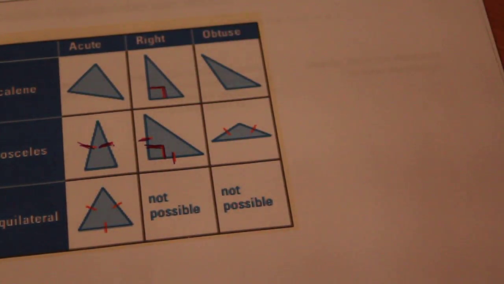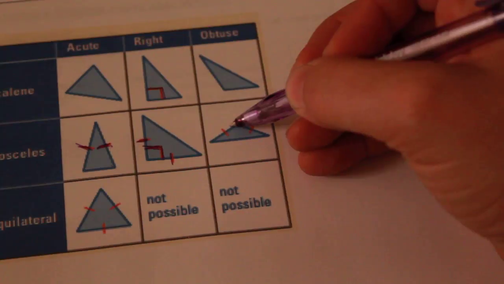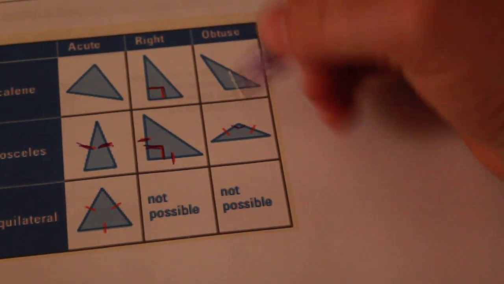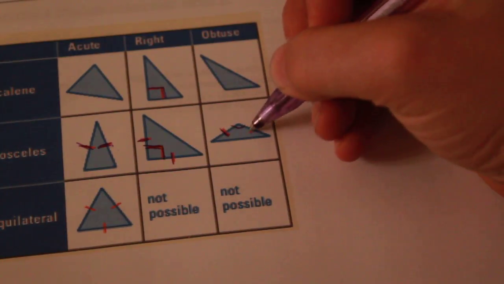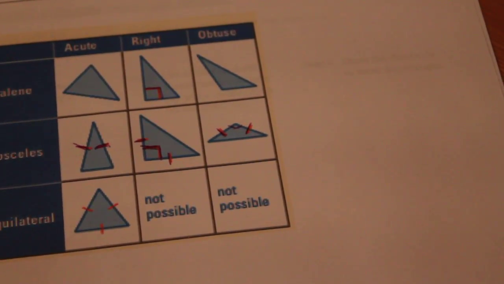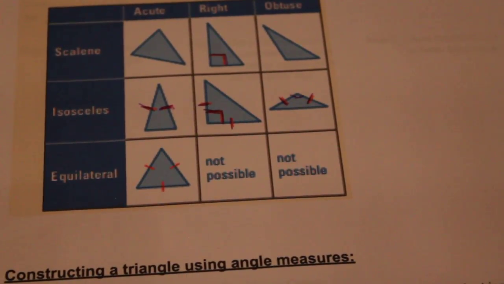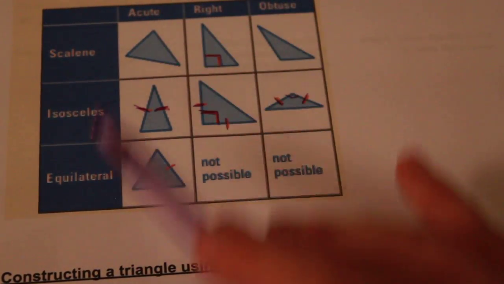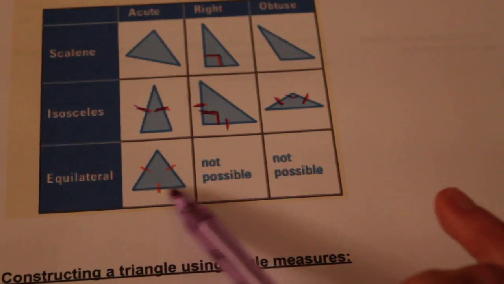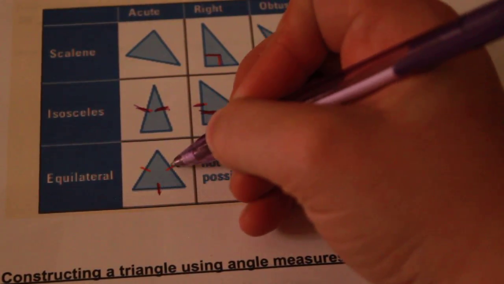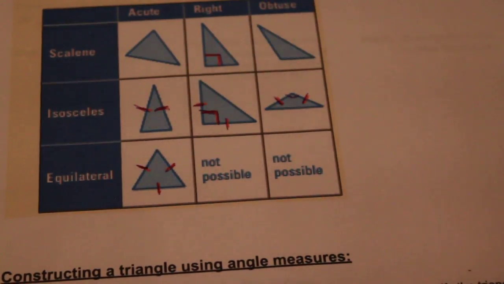In an obtuse isosceles, you have an angle right here. This angle is more than 90 degrees, and two sides that are the same length. Now you can have an acute equilateral triangle where all of the angles are smaller than 90 and all the sides are the same length.